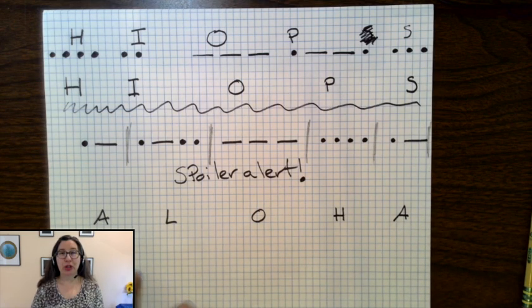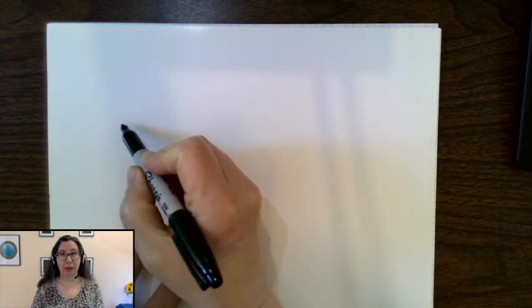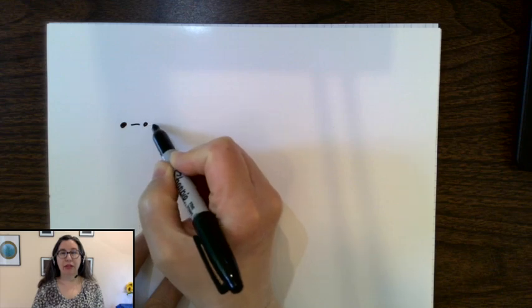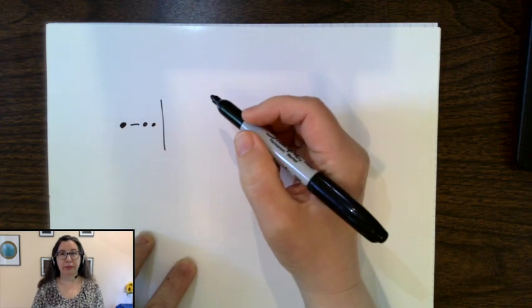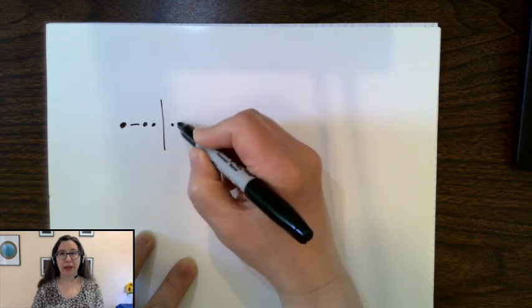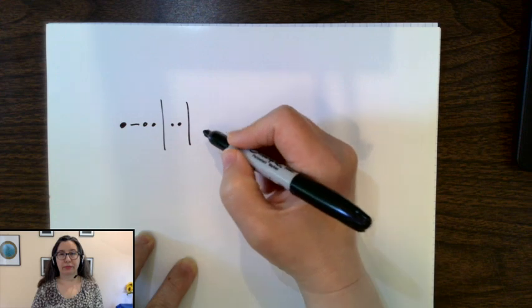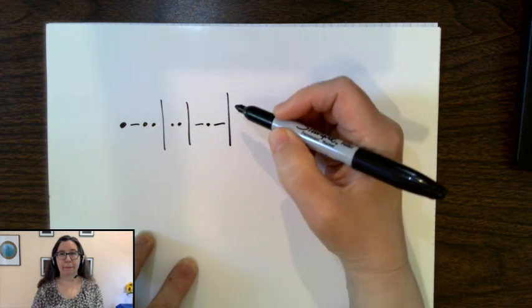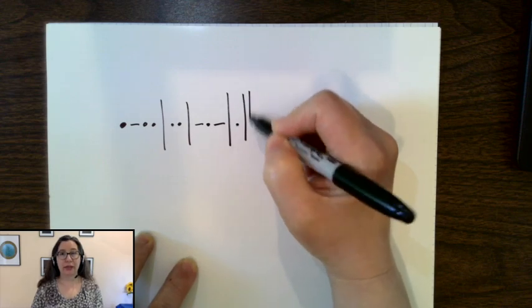Now I'm going to show you how to write your dits and das if you don't have graph paper. After you write your first letter, put a vertical line after it. Keep adding vertical lines after each letter. When you get to the end of a word, put 2 vertical lines.